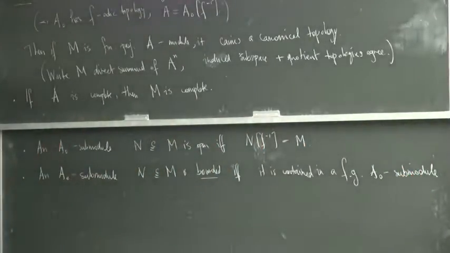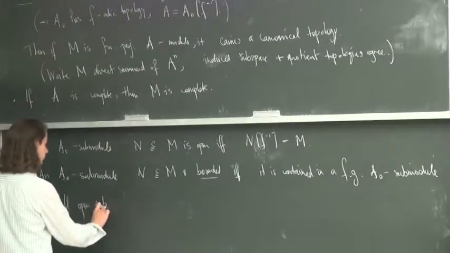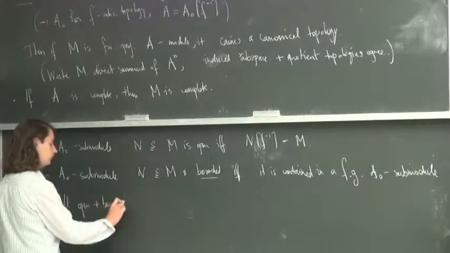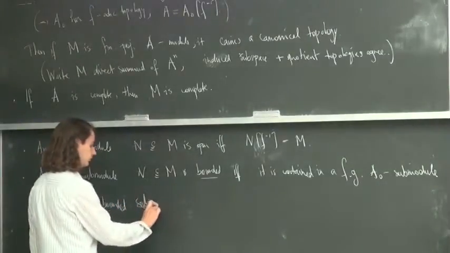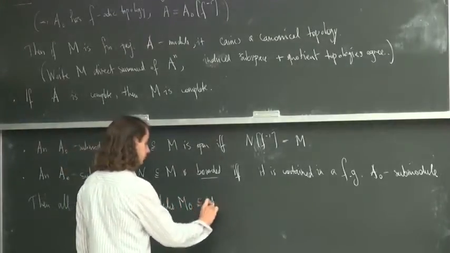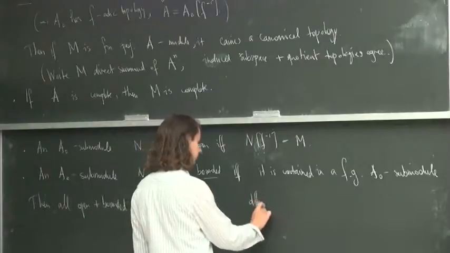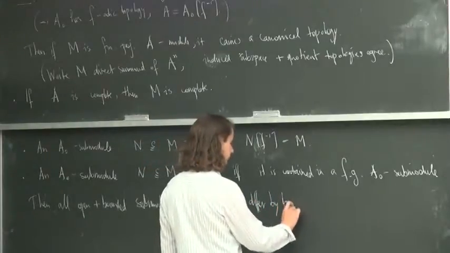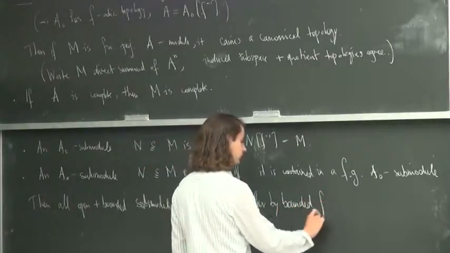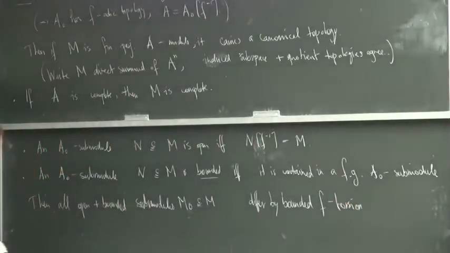And then all open and bounded submodules M0 of M, they all differ by bounded f torsion, meaning that if you have two, then an f power of one will be contained in the other.